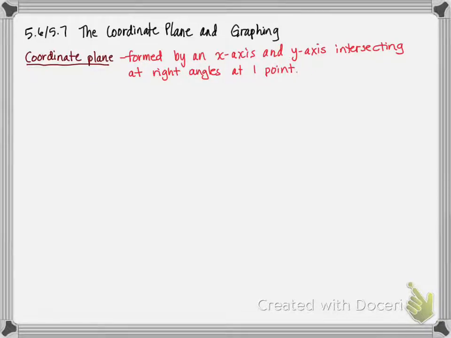Okay, and it is used to graph points in ordered pairs. Points, ordered pairs. Ordered pairs is the more mathematical term, and points are just kind of our, let's just get the word out as quickly as we can.